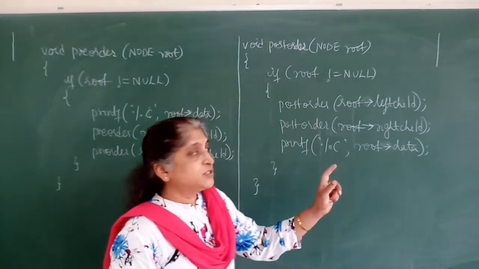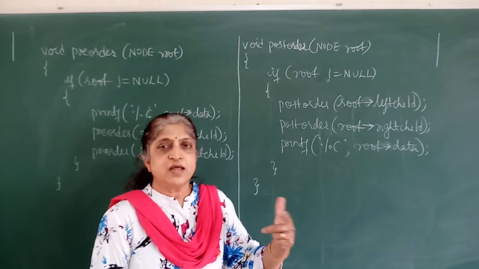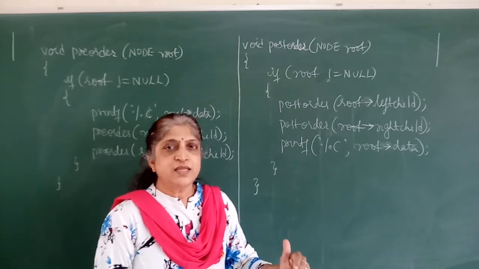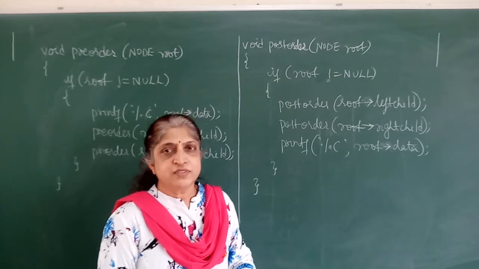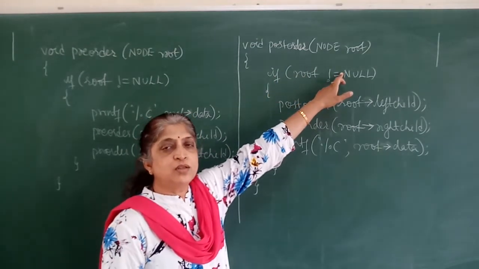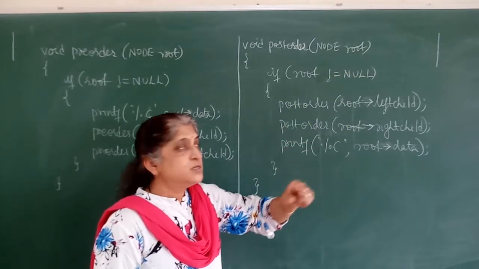Similarly, here I have a function for post-order traversal. In post-order traversal, we traverse the left subtree in post-order, then the right subtree in post-order, then we visit the root. This post-order function takes one argument, root, which points to the root of that particular subtree.